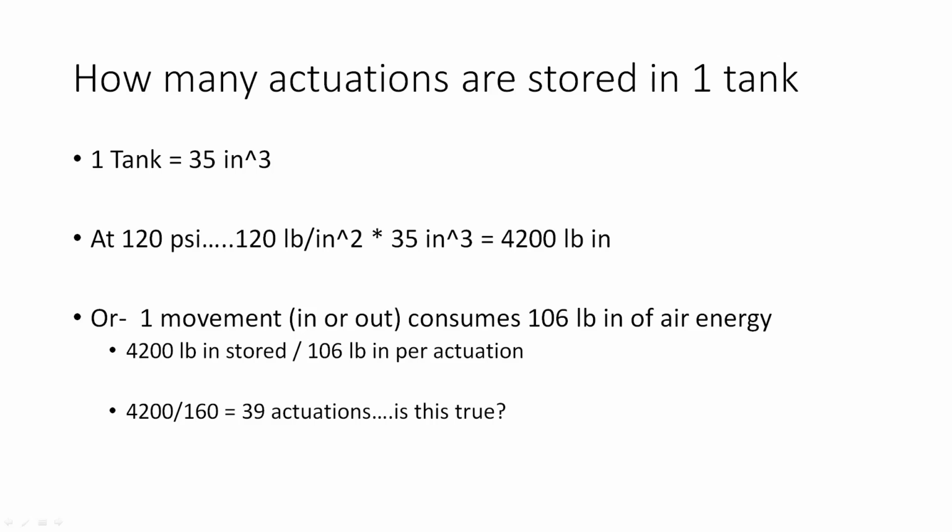Now, is that perfectly true? No, it isn't. It's a simplified calculation for you, because the reality is as I drop down below 60 pounds per square inch of pressure, the movement drops off, and it may not move. That's a simplified idea, though. So we can estimate about how many strokes the piston can make.